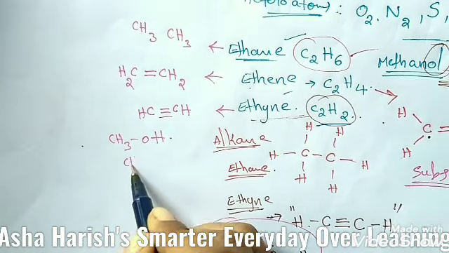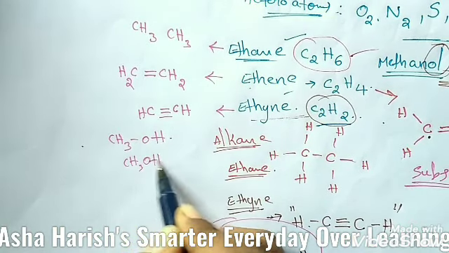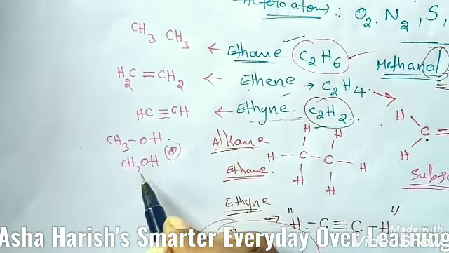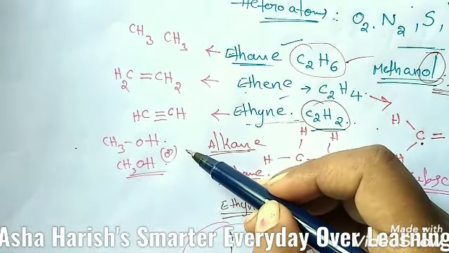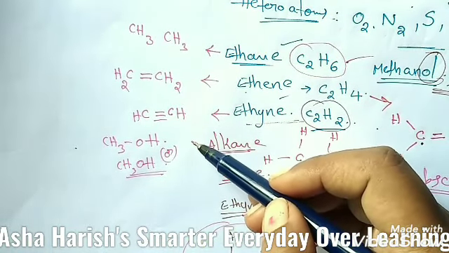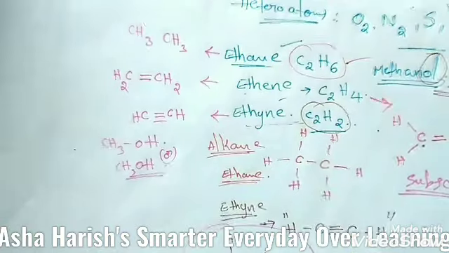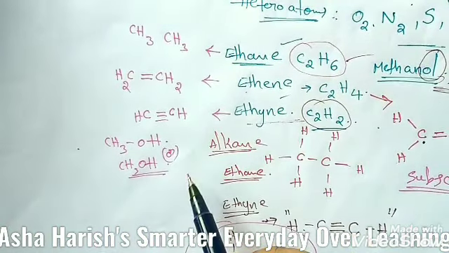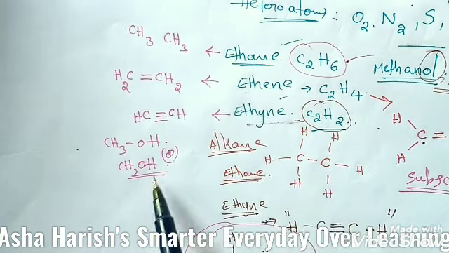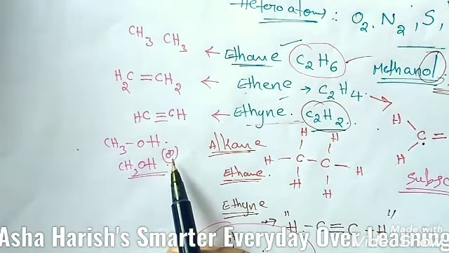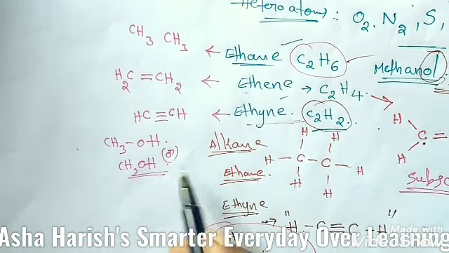By the omission of this bond, we can write methanol like this also, CH3OH. Such structural representations are called condensed structural formulae. Condensed, why? Because here we have omitted these dashes, these bonds, and then we can write like this. That is known as condensed structural formulae.